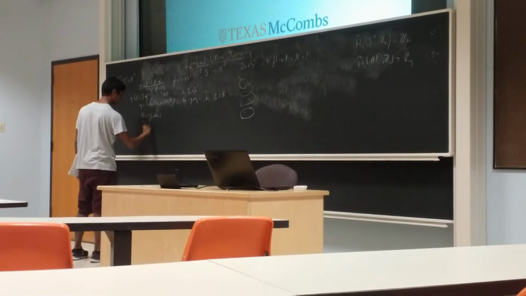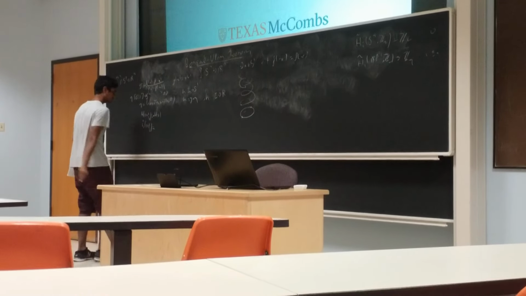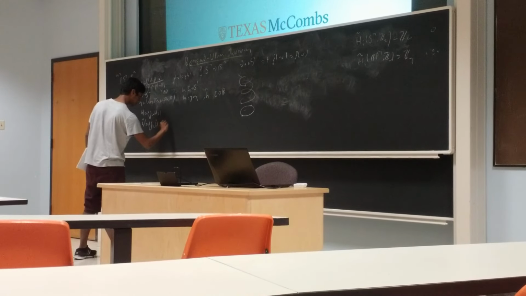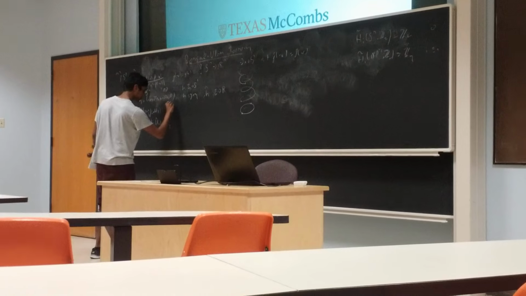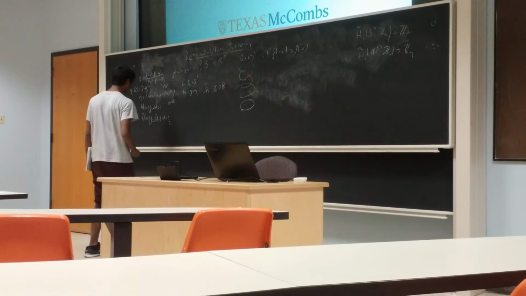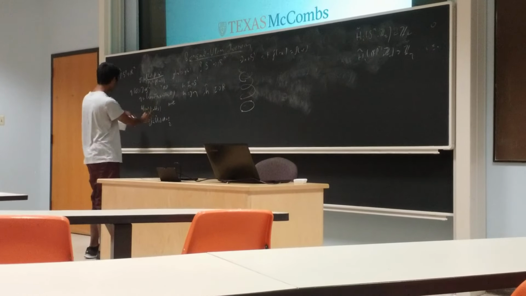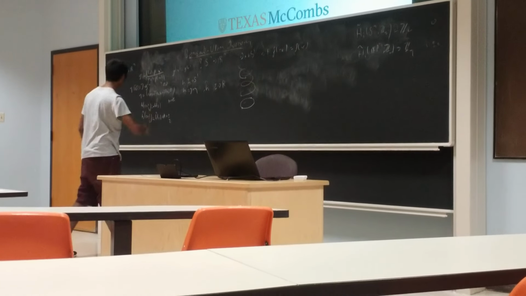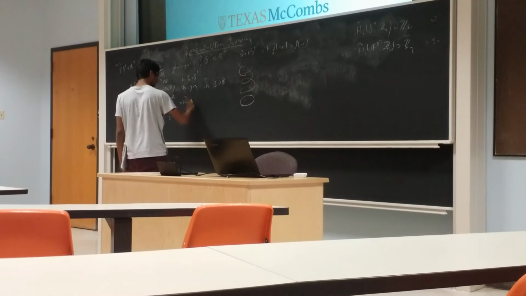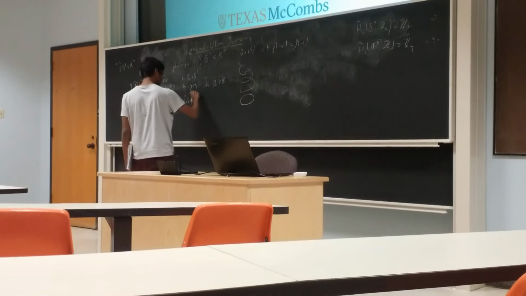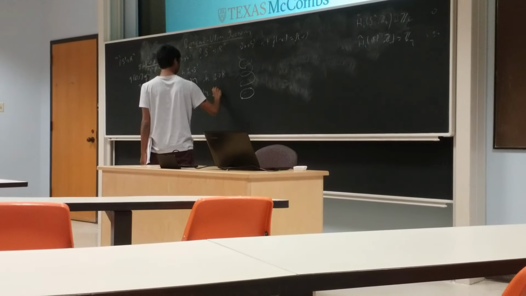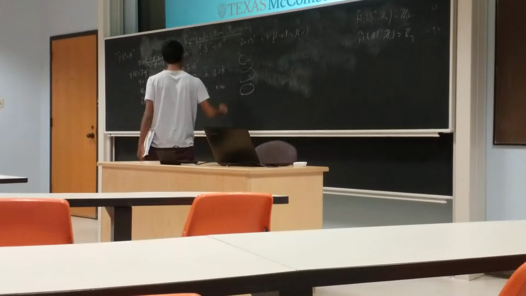So you should get that. In particular, if you replace s by 0 and 1, this would imply that h of 1 is equal to 0 plus q, where q is odd.